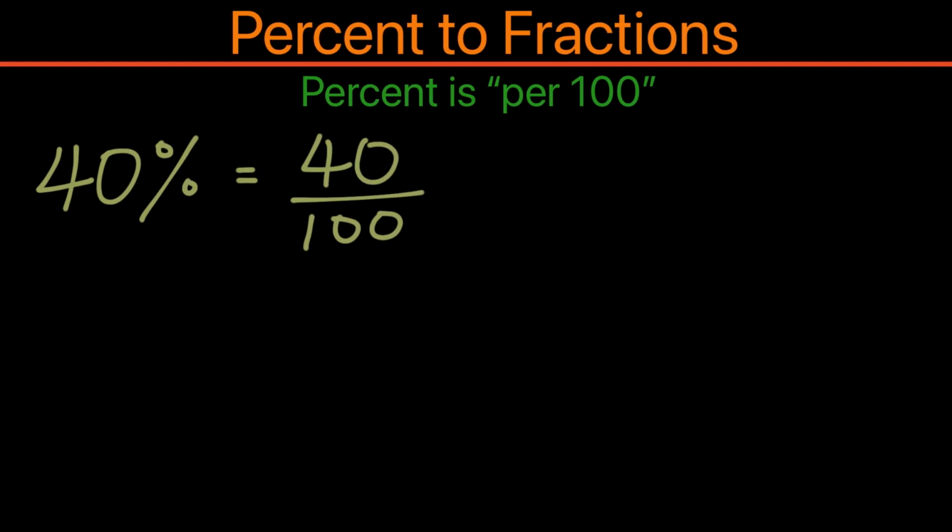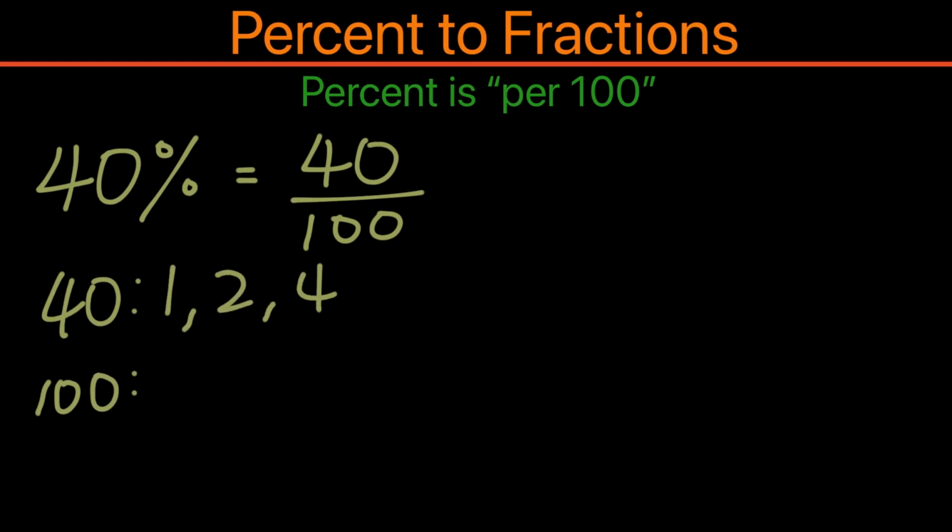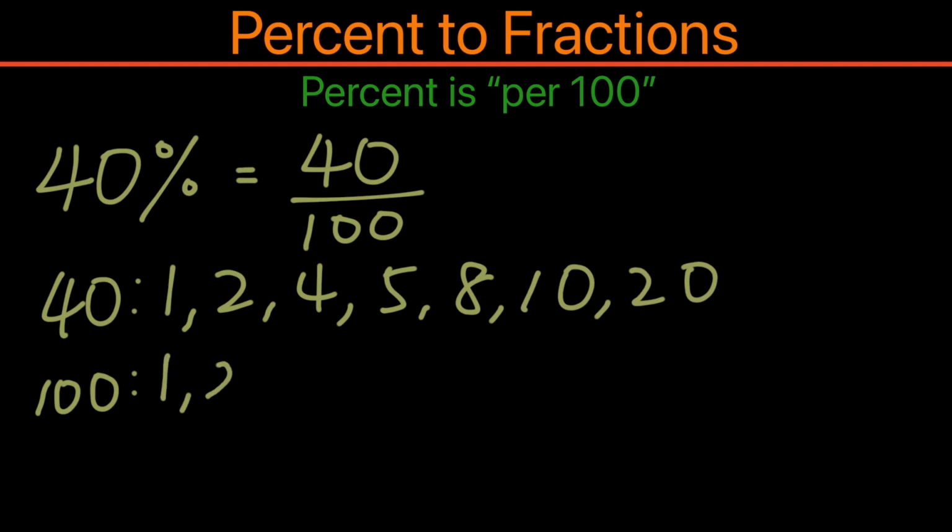So the factors of 40 would be 1, 2, 4, 5, 8, 10, 20. And for 100, we have 1, 2, 4, 5, 10, 20.